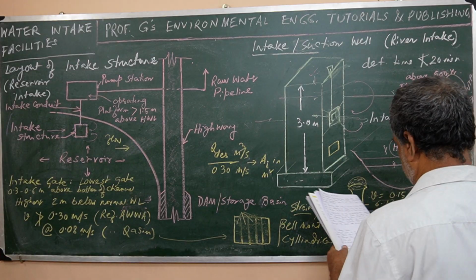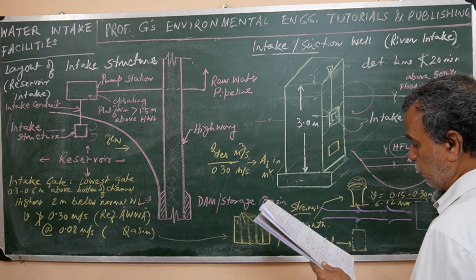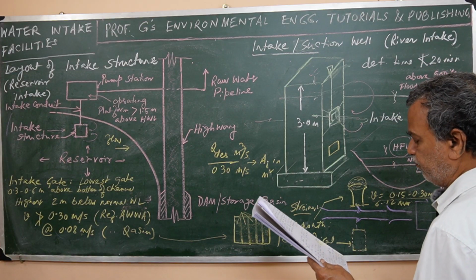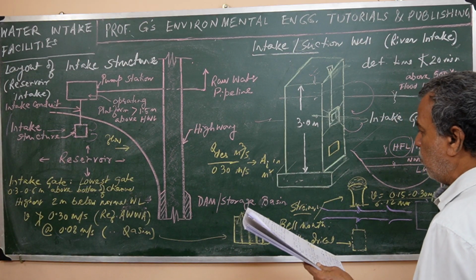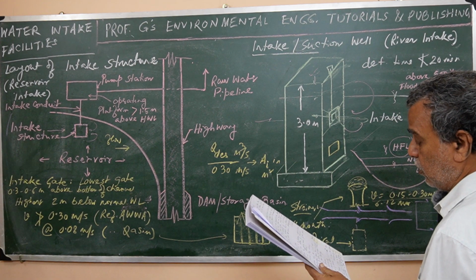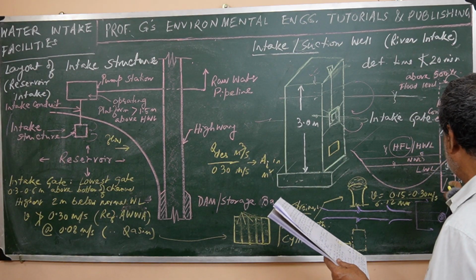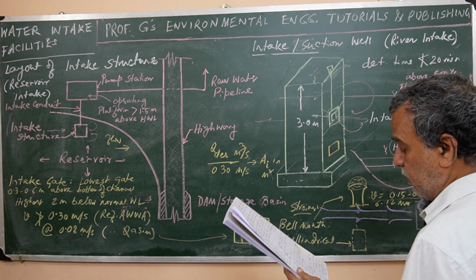If a strainer is there, the recommended range is 0.6 meter to 1 meter below LWL, that is the lowest water level.